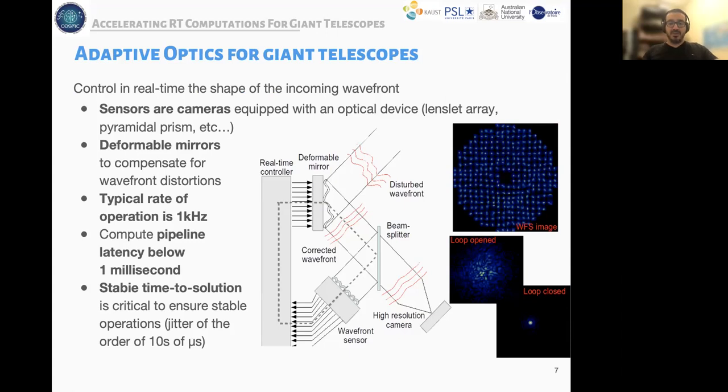Those tiny deformable mirrors are commanded by actuators, and those actuators are themselves commanded by a real-time simulation, right? So you want to correct or compensate in real time for those atmospheric turbulence.